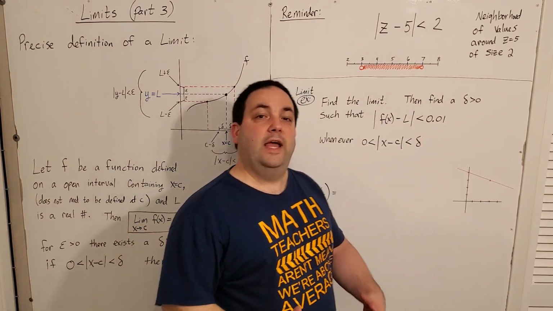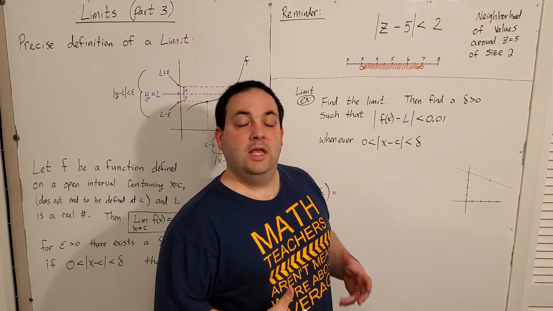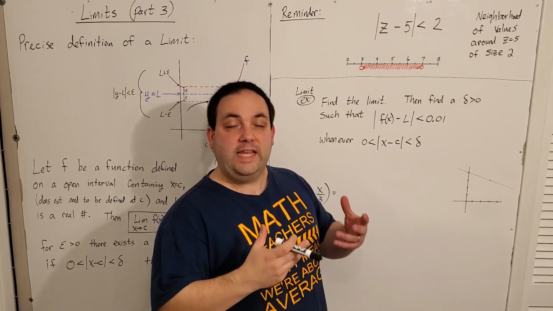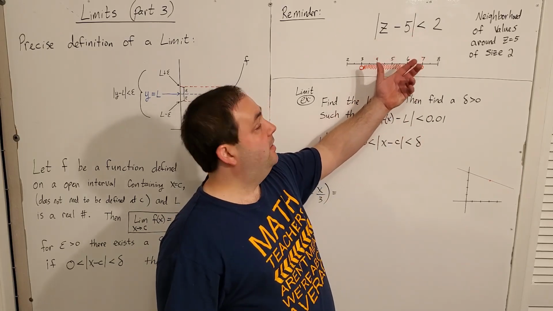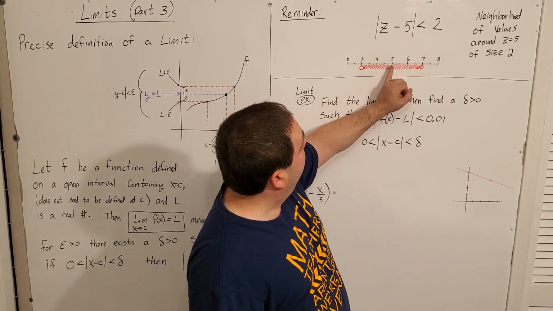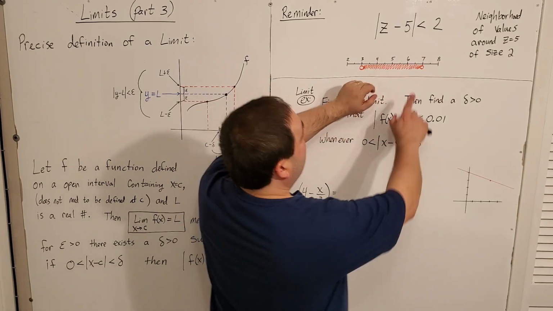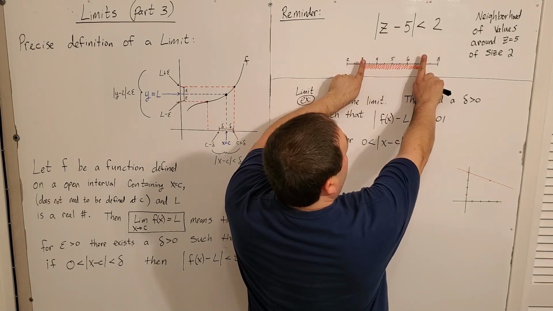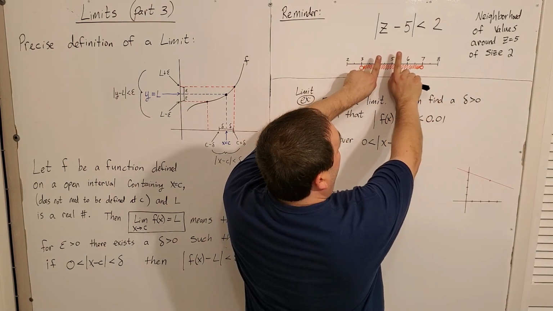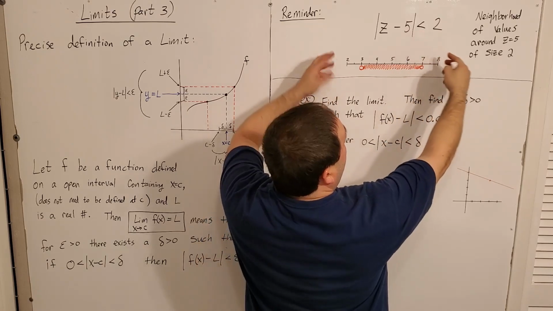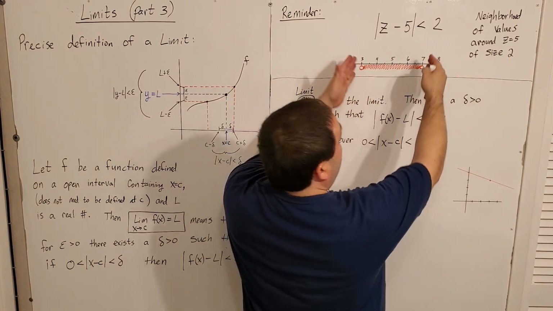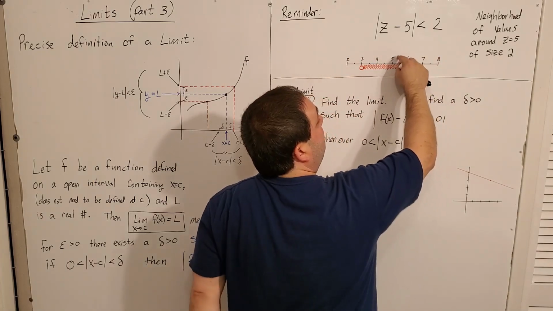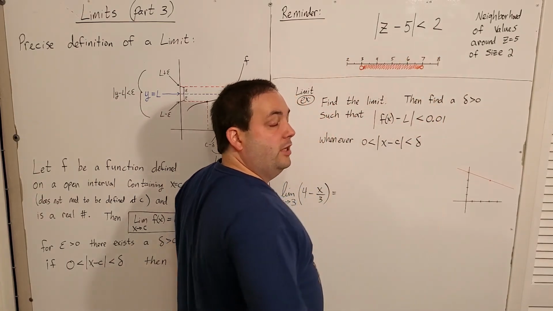Any number within that description is part of the interval, the set that I'm discussing with this statement. So notice here, 5 is the center, and I went a distance of 2 on either side, and all of the numbers, because it's less than that. Everything closer to 5 is within the set that I'm talking about.